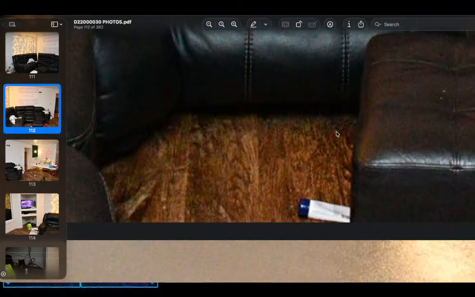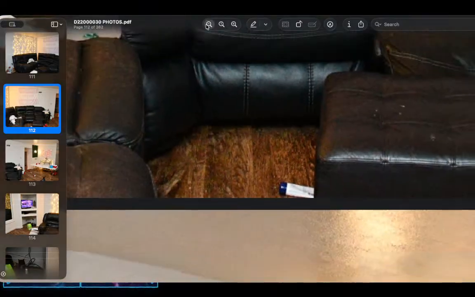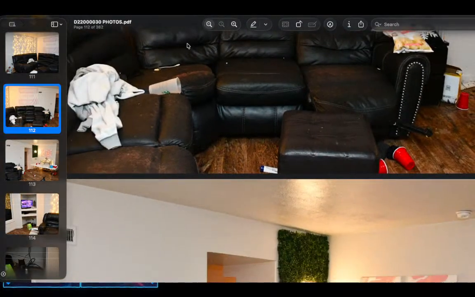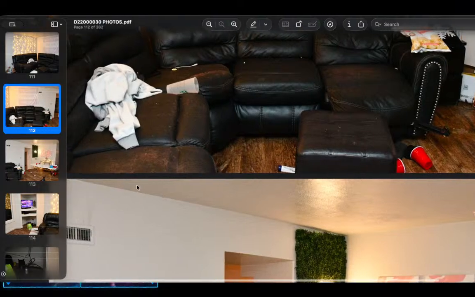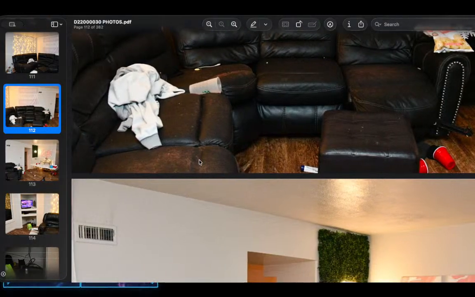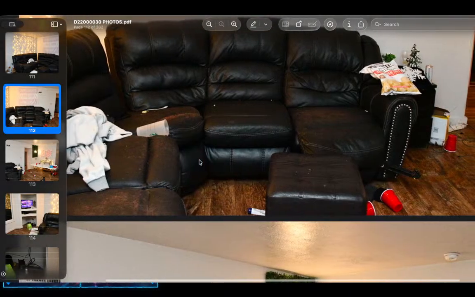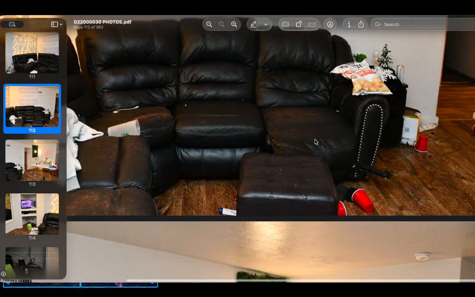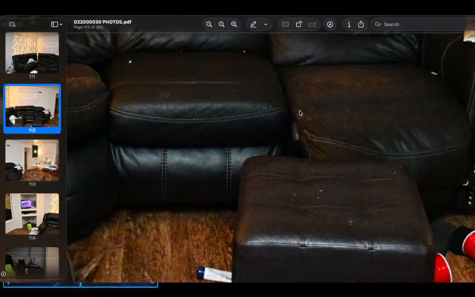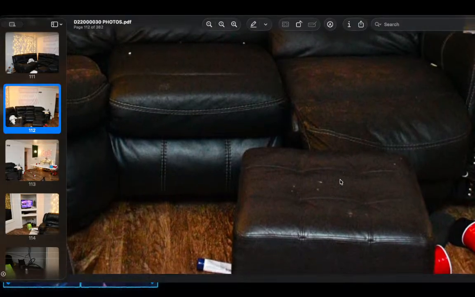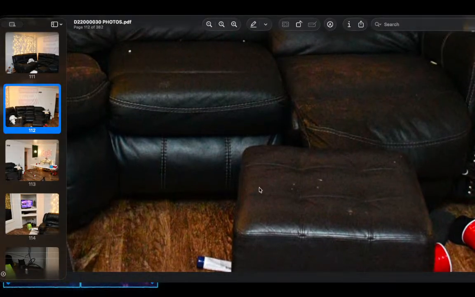Why is there green? But he also saw the stains on the couch. What type of wear and tear is this? Huh?